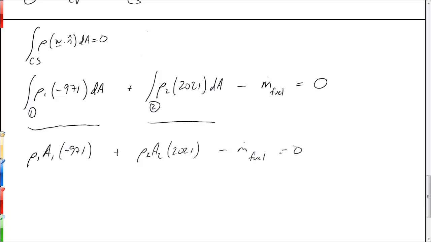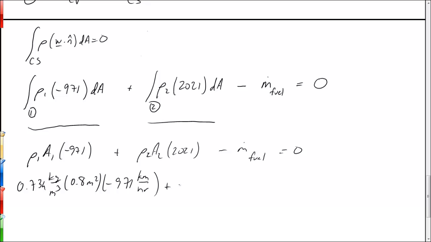And now we start plugging in numbers. We get 0.736 kilograms per meter cubed times the area, which is 0.8 meters squared, times minus 971 kilometers per hour.